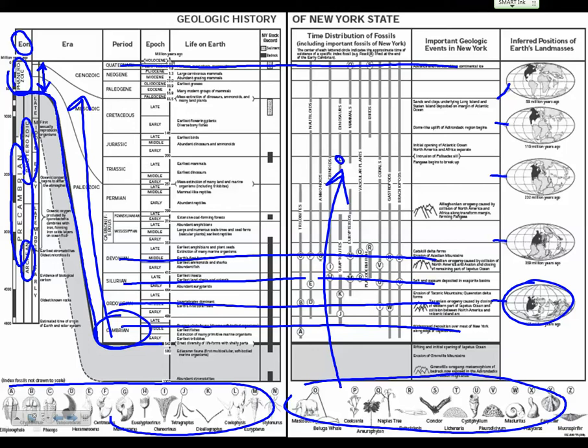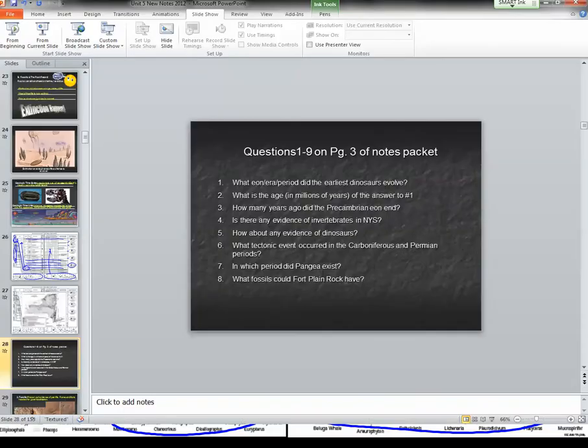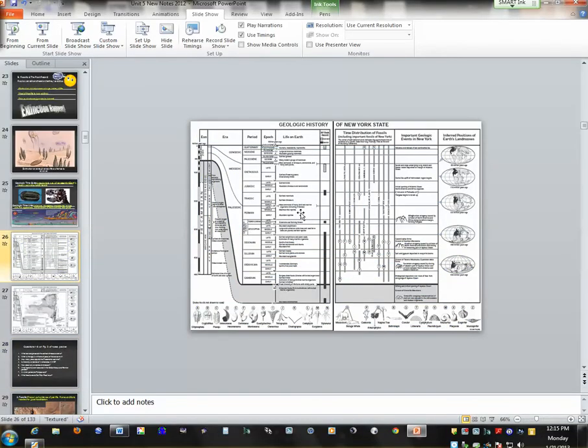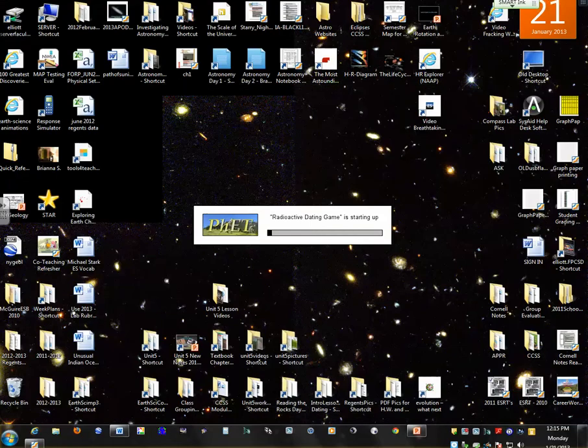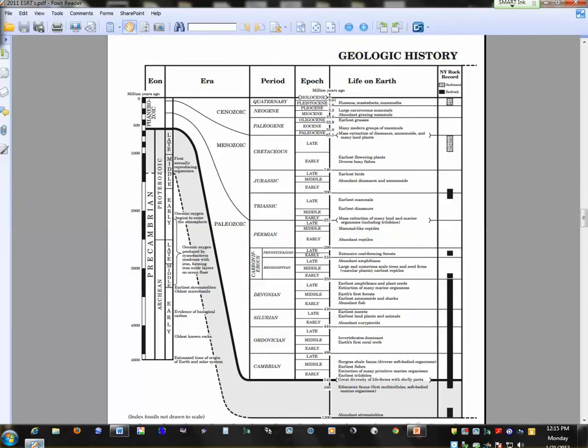Okay, with that in mind, let's stop this show. Let's go right to the reference tables. And here's a much better view of page 8 in your reference tables. And some things you should be aware of. The estimated time of the origin of the Earth and the solar system, 4,600 million years ago, which is 4.6 billion years ago.